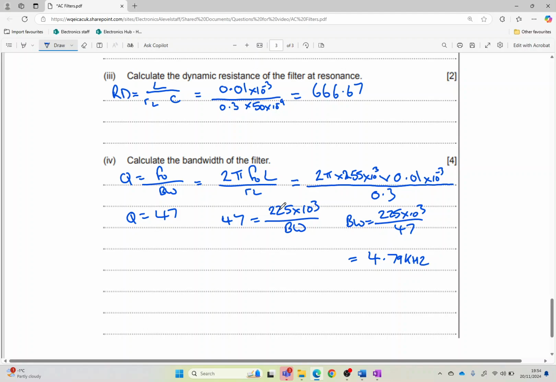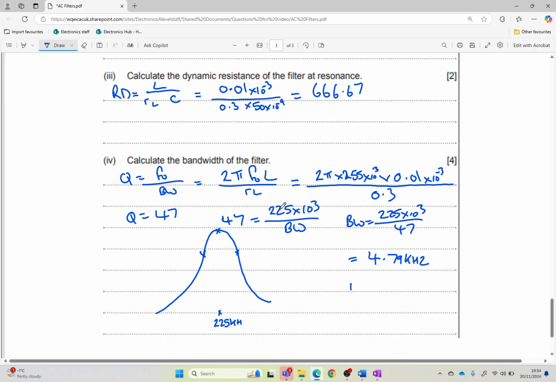What does that look like? I know it's not a question that's on here. So we've got some sort of graph that looks like that. The center point on this graph is going to be 225 kilohertz. We've now worked out the bandwidth. This is going to be the width.